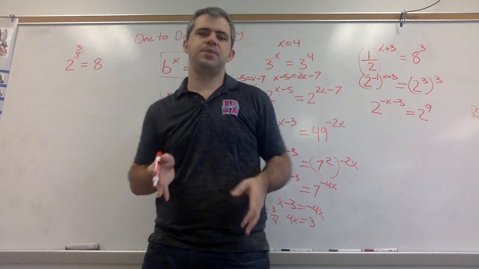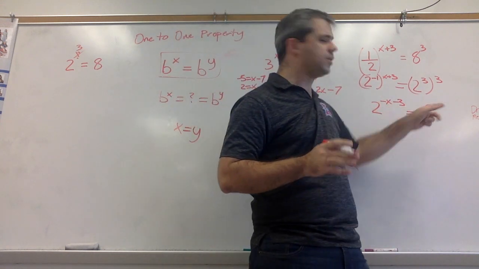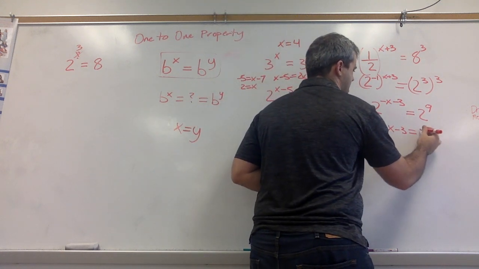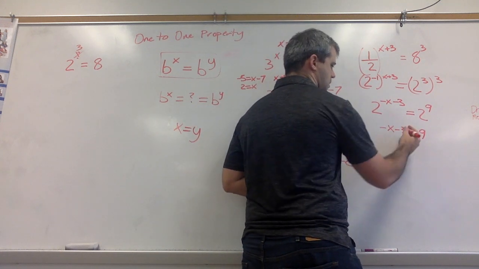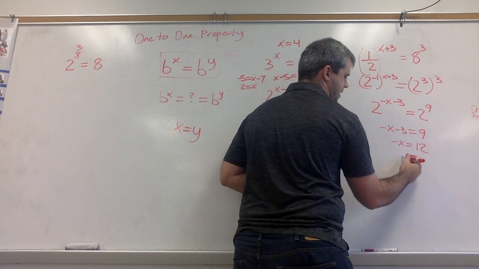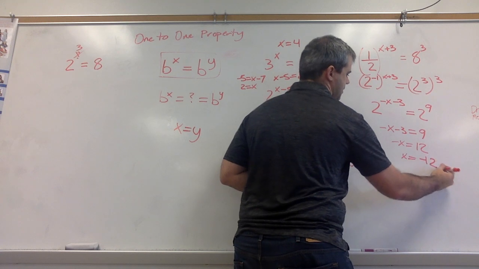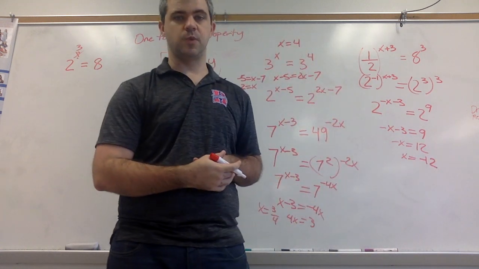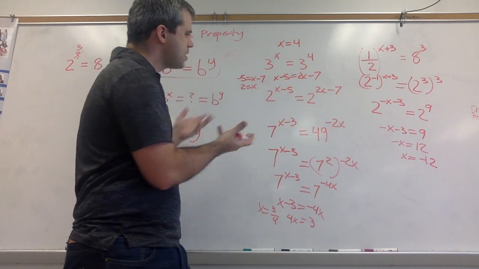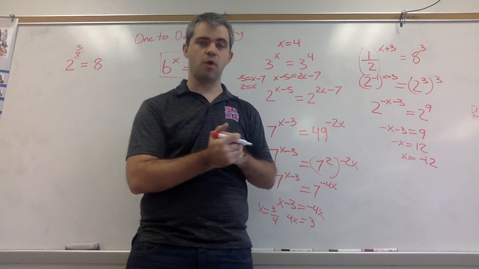And now we're in that beautiful form where we can use our one-to-one property. We can say, oh yeah, these have to be the same. So plus 3, divided by -1, we get x equals -12.